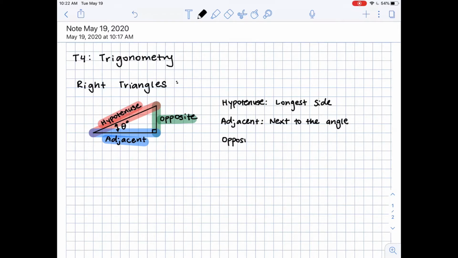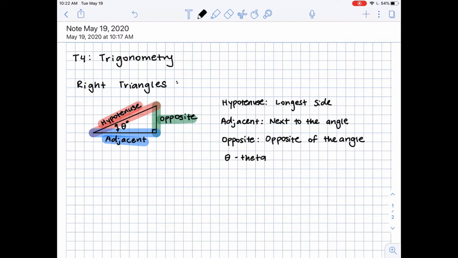And opposite is opposite of the angle. So we have an angle, theta. We have a hypotenuse, an adjacent side, and an opposite side.